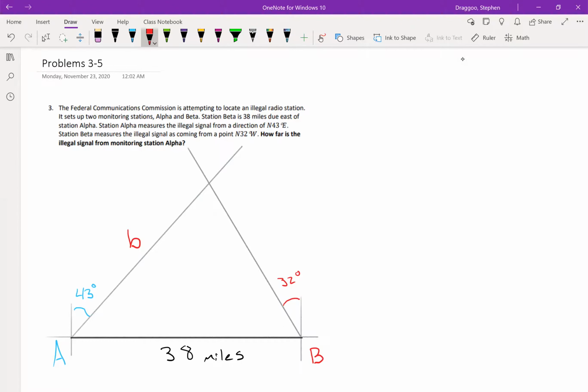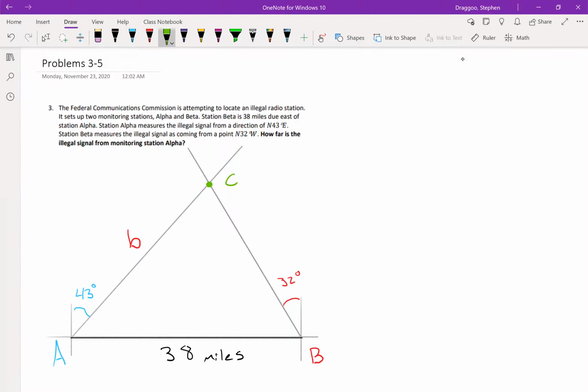Now I just drew a ray from each of points A and B in the directions indicated. So it must be that their intersection point is where that illegal radio station is coming from. So I'll label that point C since it's just the one that we're missing.